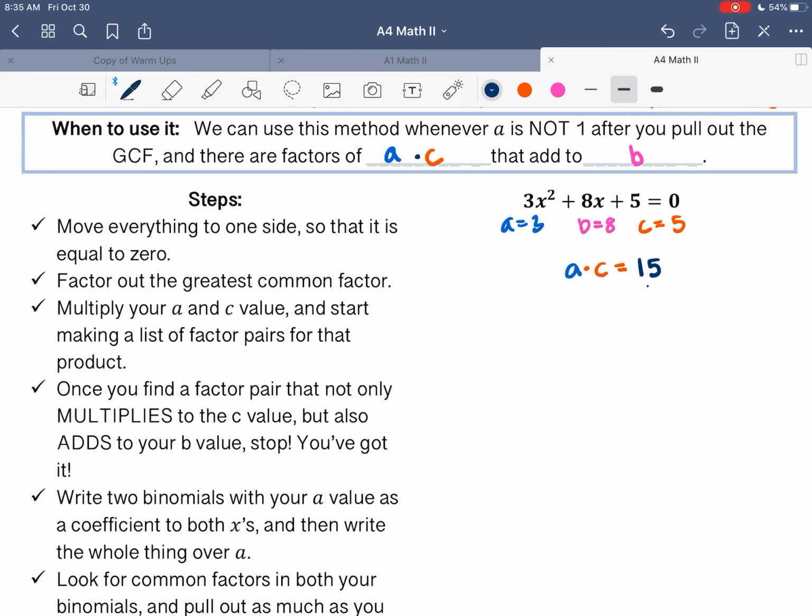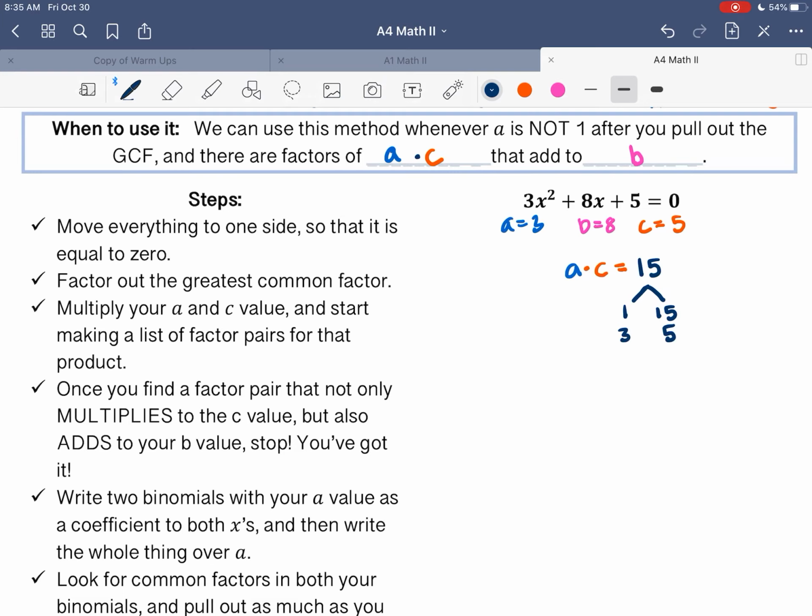So we need factor pairs for 15, pairs of numbers that multiply to be 15. You might find this familiar from what we were doing last time. 1 and 15 work, 3 and 5 work, and I think that's all. Those are the only factor pairs that work.